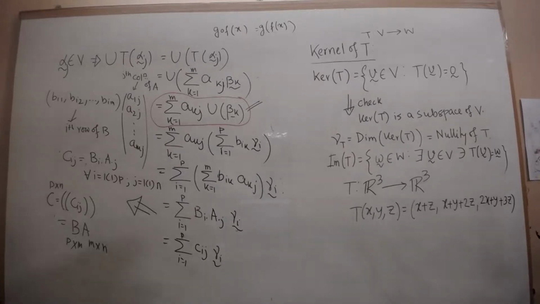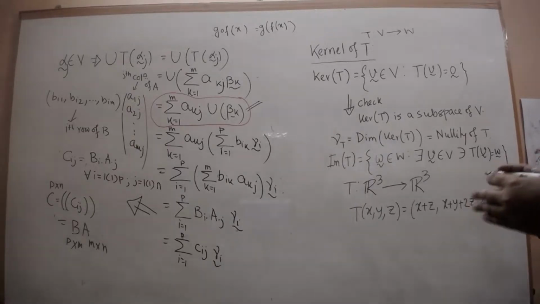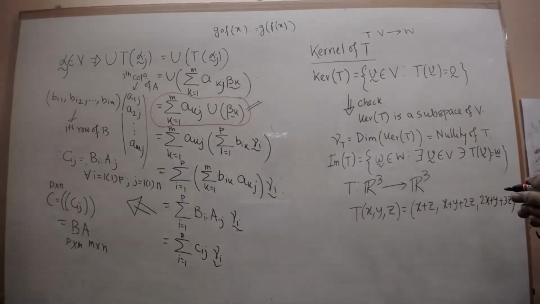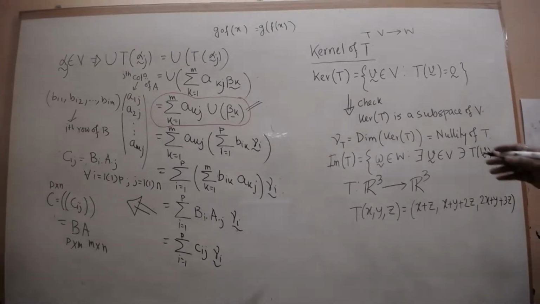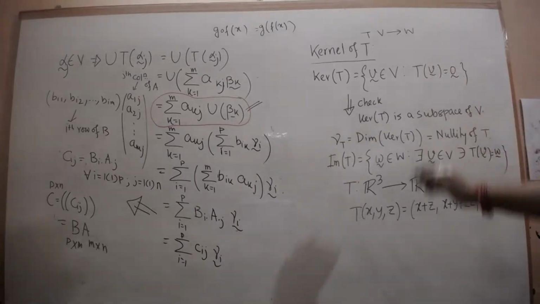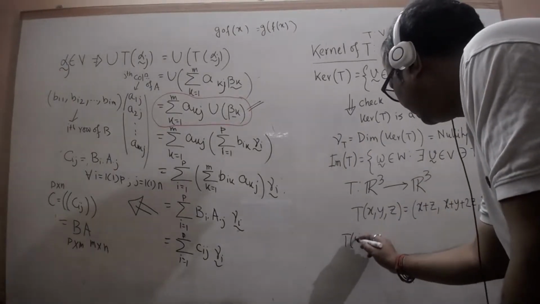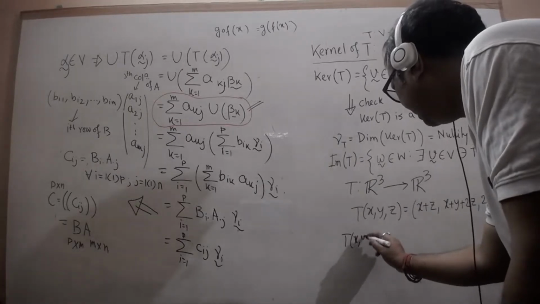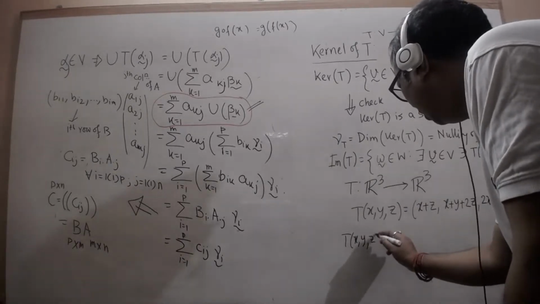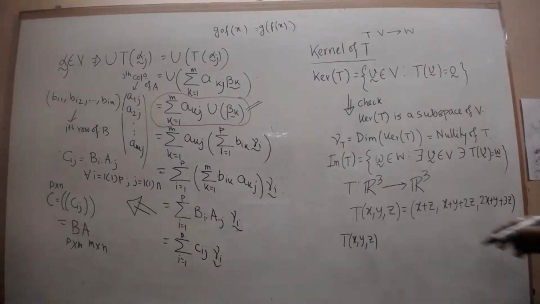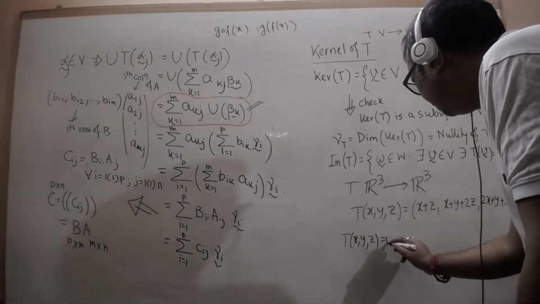So if this vector belongs to the kernel of T, then this should be 0.